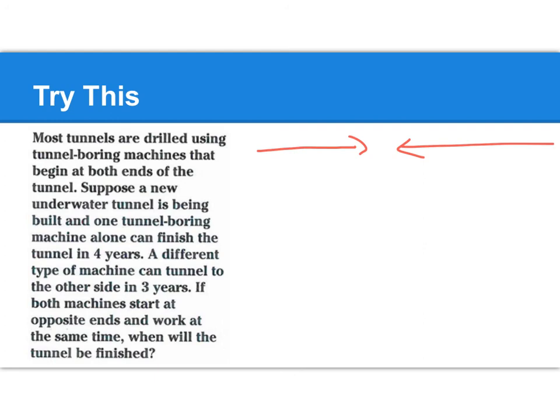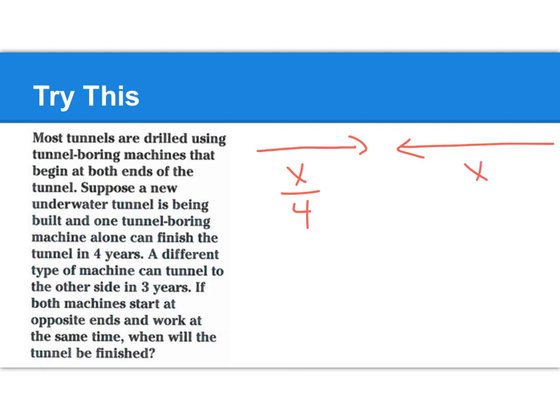Okay, so it would be nice to know that Machine A is able to do the job in 4 years. That means that in its side of the work, it's doing 1/4 of the job per year.